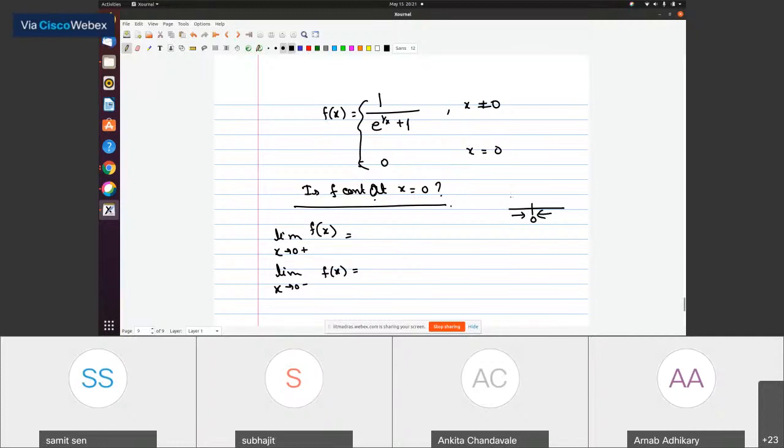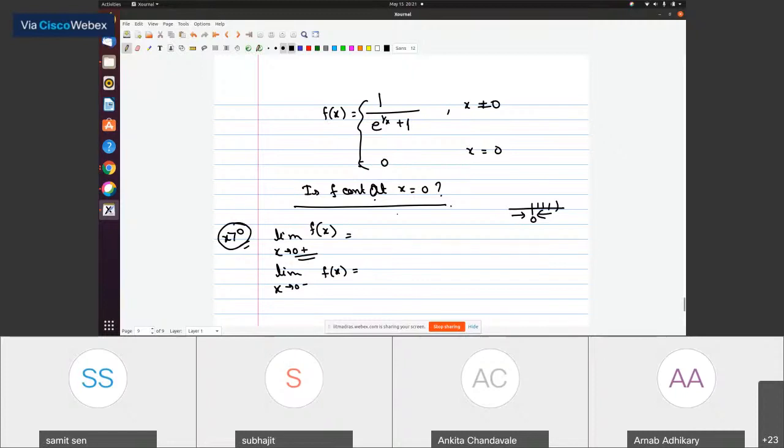Okay. So suppose I am approaching 0 from the right hand side. So what we get here? If I am approaching 0 from the right hand side, that means I am taking some numbers in the neighborhood of 0 which are positive, right? x tends to 0 plus, that means this x is positive.